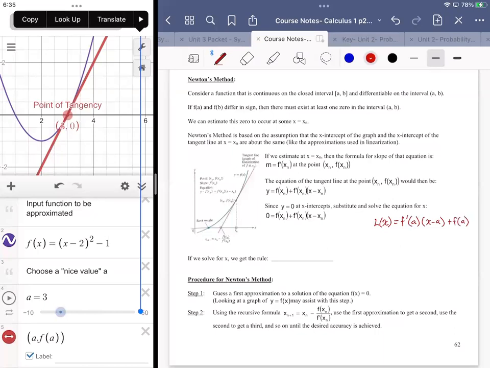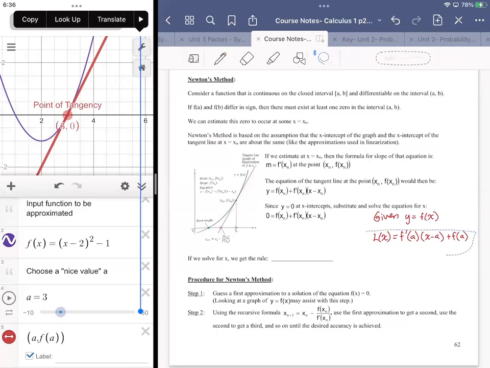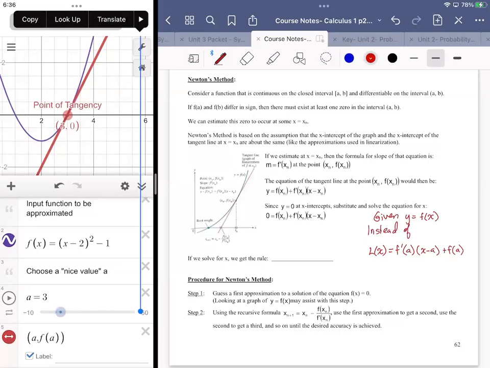And instead of setting our original function equal to 0 and solving, which is how you would find the roots, so we would have some function f of x, so given y equals f of x, instead of saying f of x equals 0, we can use L of x as an approximation and let L of x be equal to 0.